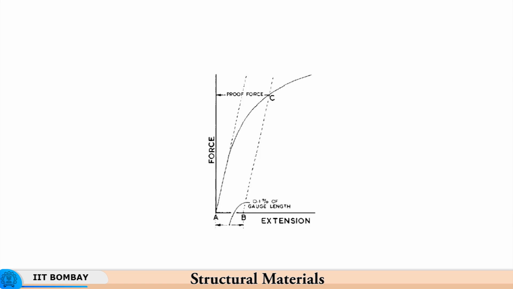In elastic deformation, there is no change in the cross sectional area, and therefore force divided by a constant, and extension, meaning delta L, divided by a constant is not going to change the nature of the curve as such, and therefore you get the proof strength, and the corresponding proof force is indicated over here.